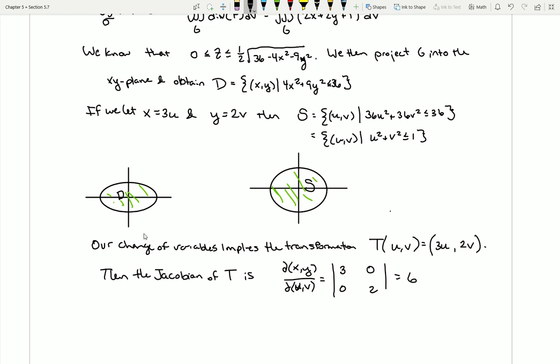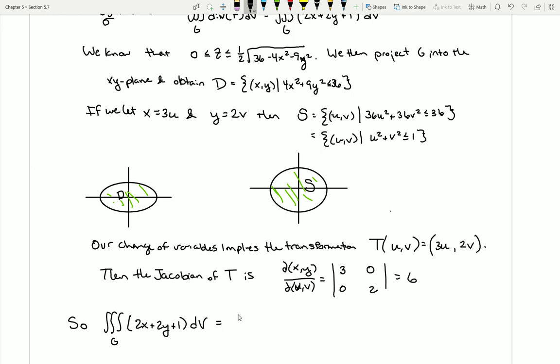So using our knowledge of change of variables, I can say that my triple integral over G, which had in it a 2x plus a 2y plus a 1, I have now been able to change slightly.